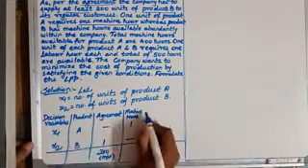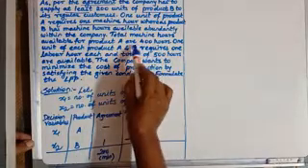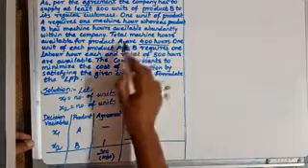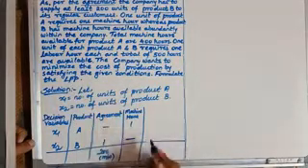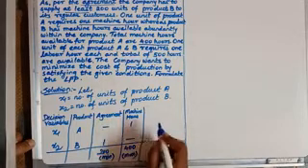But total number of machine hours is 400. So these are maximum: maximum 400 hours are available in a day.